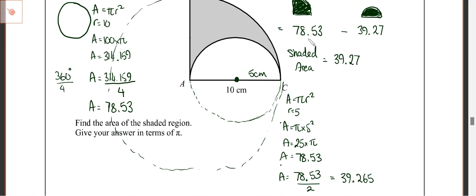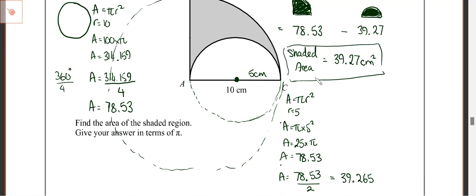And you'll notice that that is half of that area. That's not something you have to remember, but some people will, and therefore it'll be a really good question to do. The area is 39.27 square centimetres, so that is the final answer.